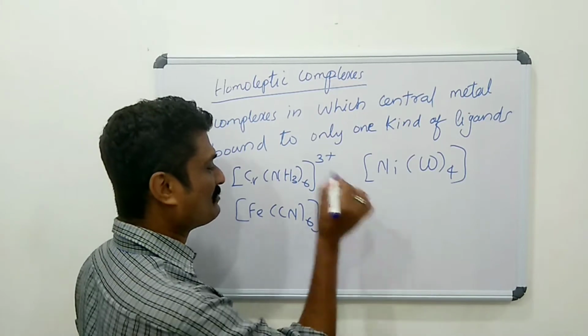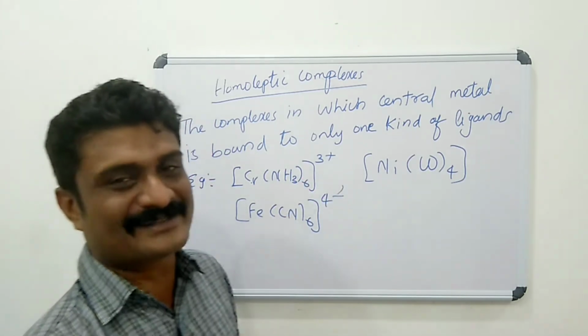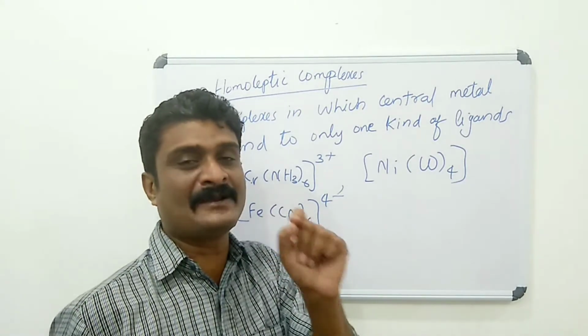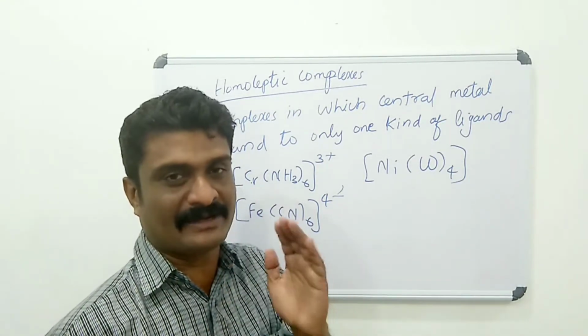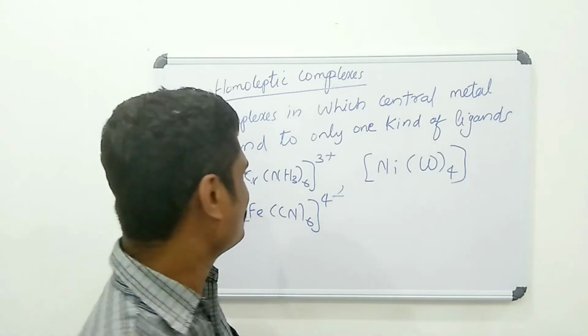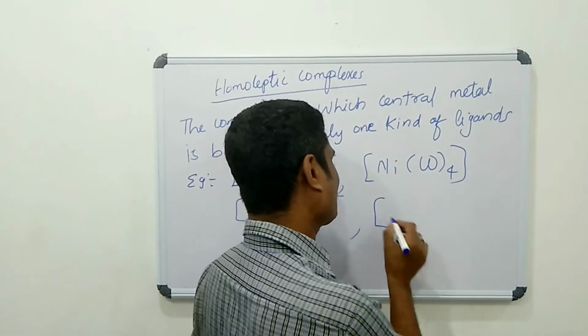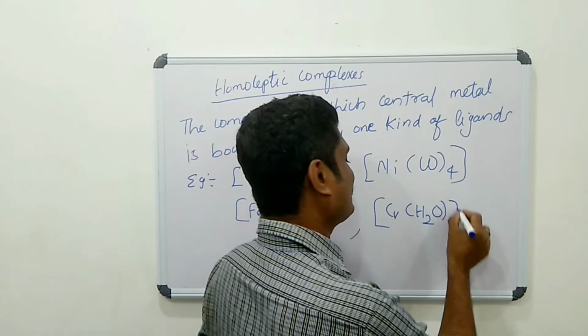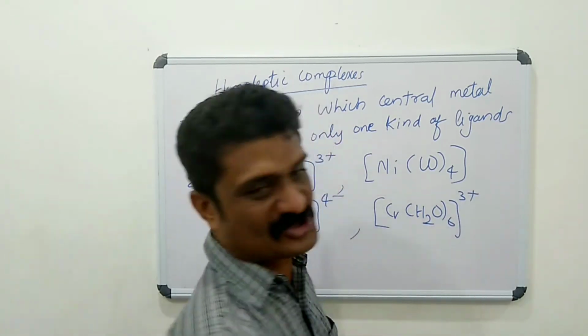Then the next example, [Fe(CN)6]4-. Here the central metal ion is bound to only CN- ligands. Then [Cr(H2O)6]3+.